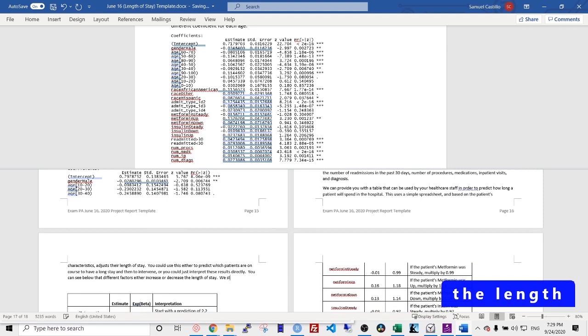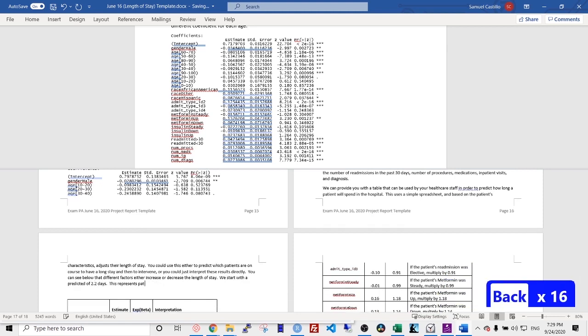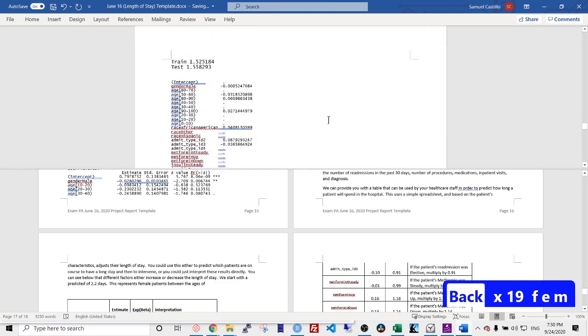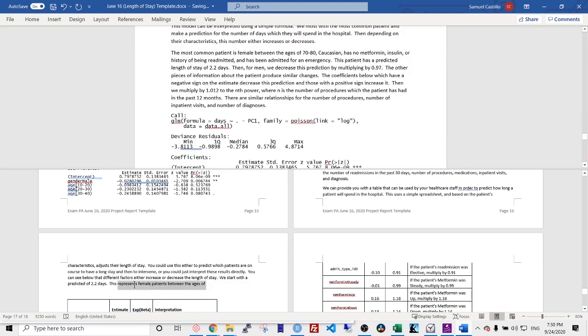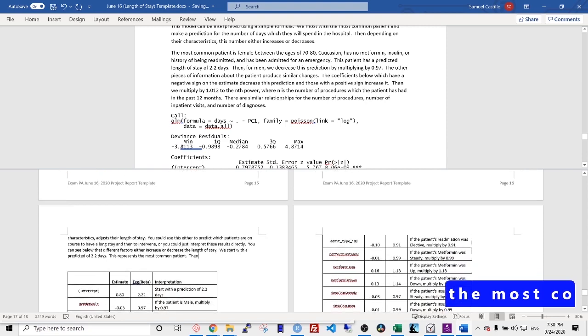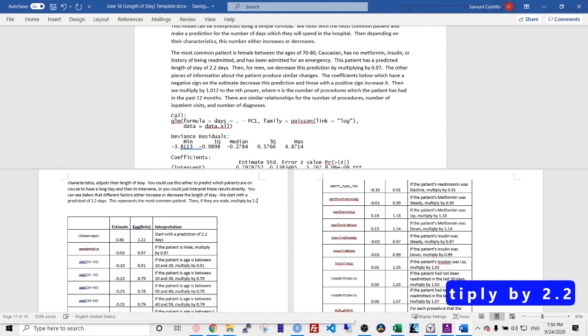We start with a prediction of 2.2 days. This represents female patients between the ages of, I'll go back up to the model interpretation question. Let's just say this represents the most common patient. Then, if they are male, multiply by 2.22.